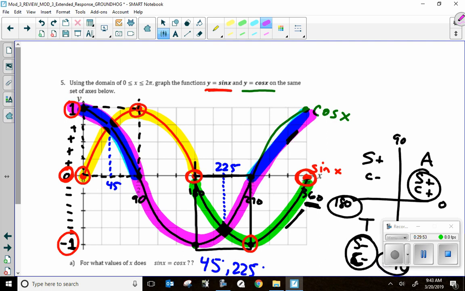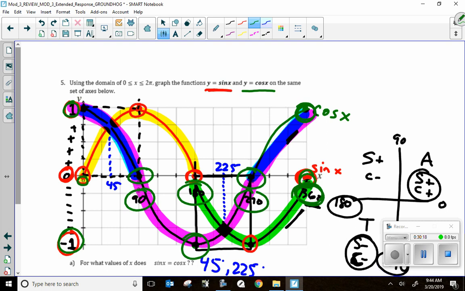Now, at 0 degrees, I'm at 1 for cosine. At 360 degrees, I'm also up high at 1. And at 180 degrees, I'm down low at -1. And in between that, at 90 and 270, that's when I'm at 0.